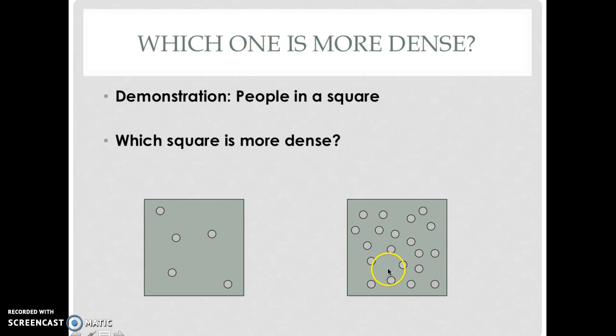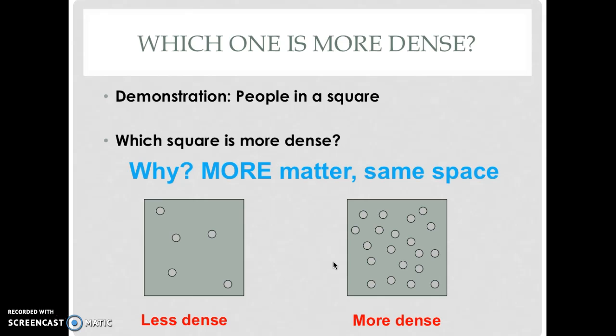We will see which one has more density, meaning which has more stuff in it. The space is the same for both, so of course the second one is more dense and the first one is less dense. I think you have completely understood why more matter in the same space is more dense.